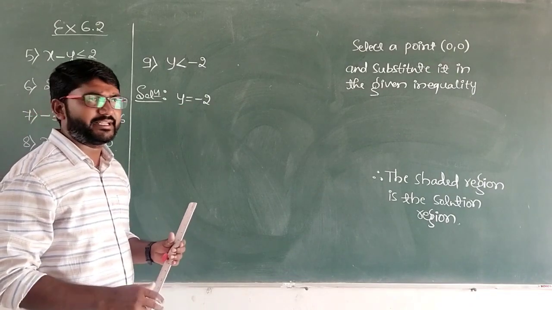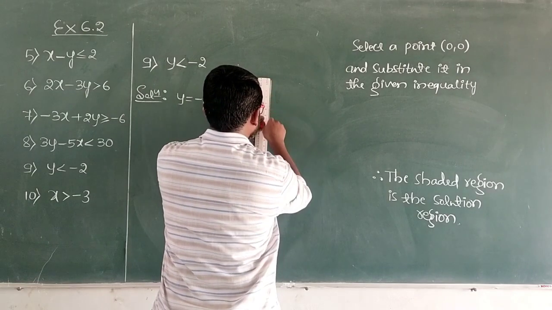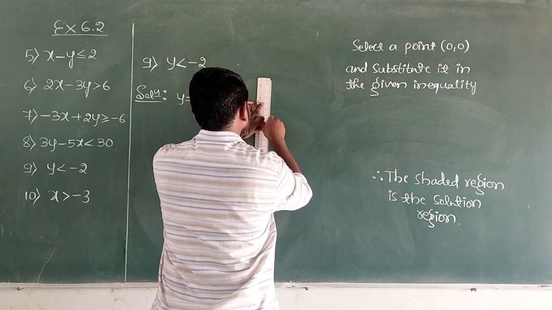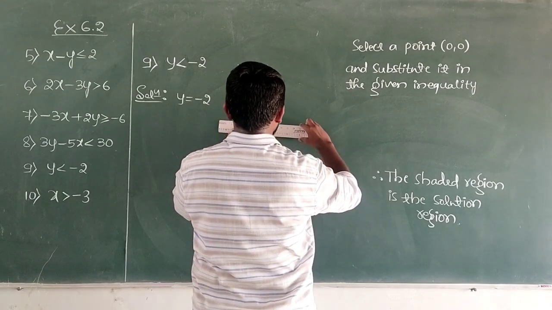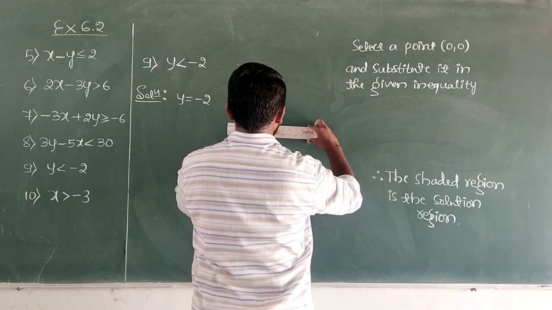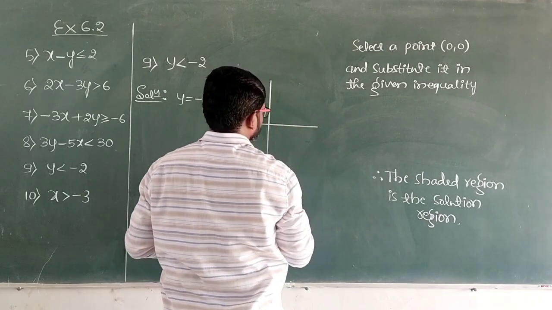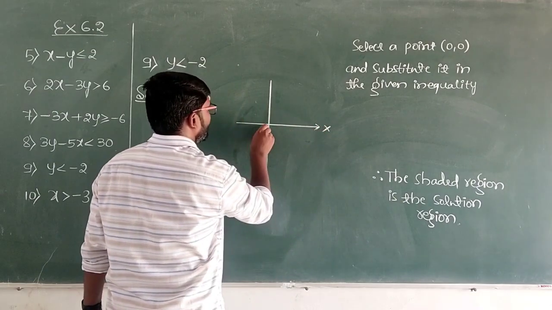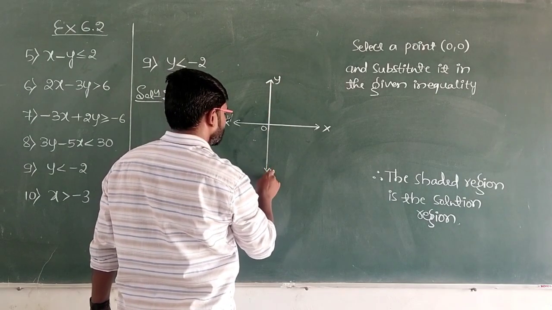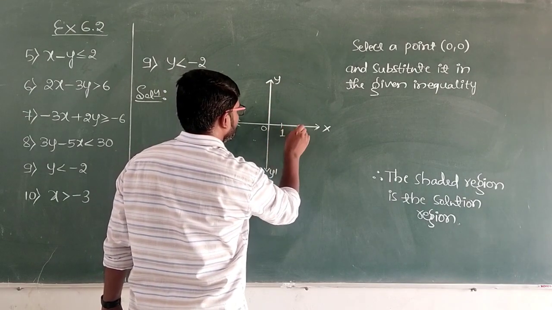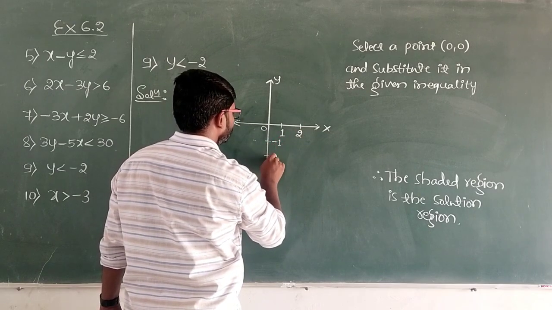For this you don't have to go for the table. Straight away we can go for the graph here. This is X'OX and this is Y'OY. So 1, 2, and here it is minus 1, minus 2.